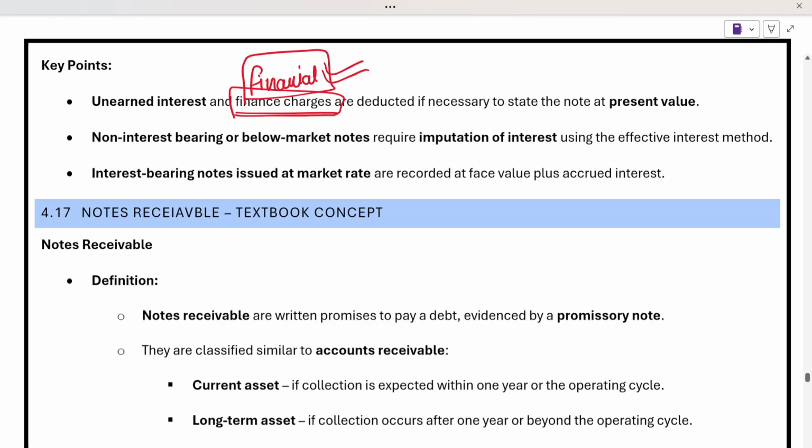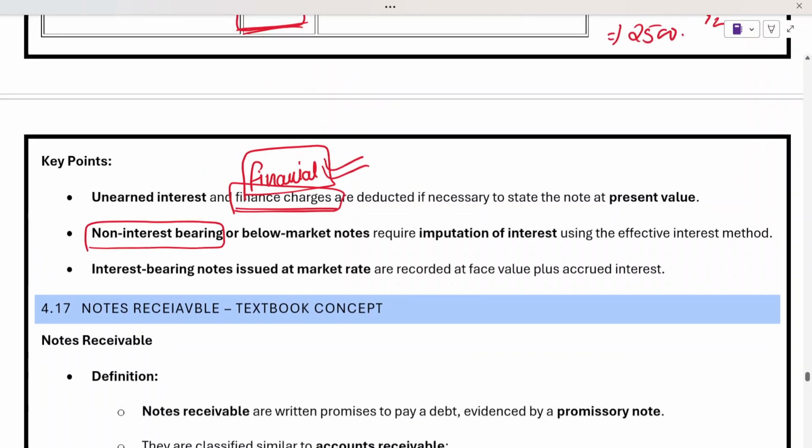Similarly, non-interest bearing or below-market notes require imputation of interest using the effective interest method. So in case the note does not have an interest rate stated on it, like you are going to get $100,000 and the question says that no interest rate is there, let's see what happens in the real world. You receive the money today versus you receive the money after 6 months.